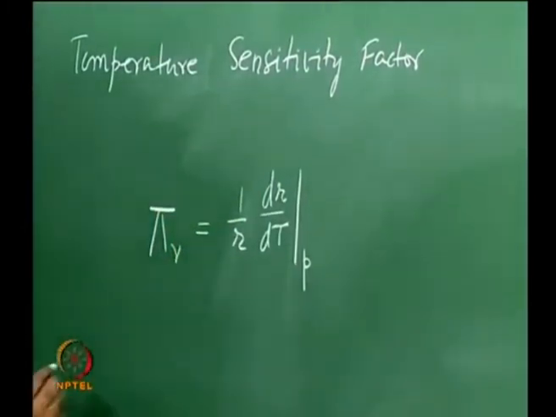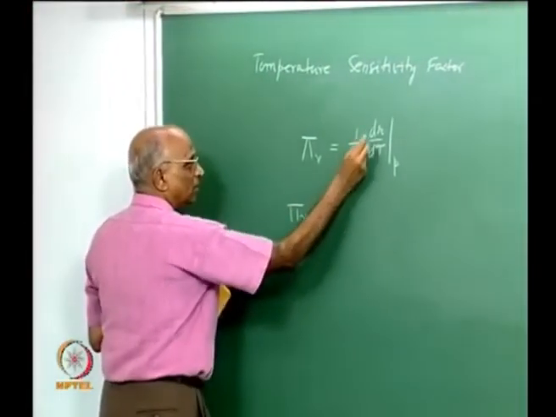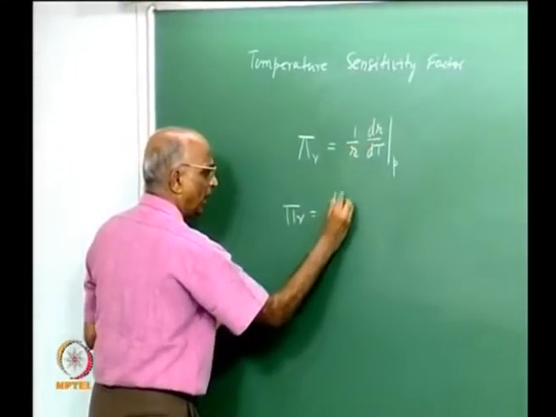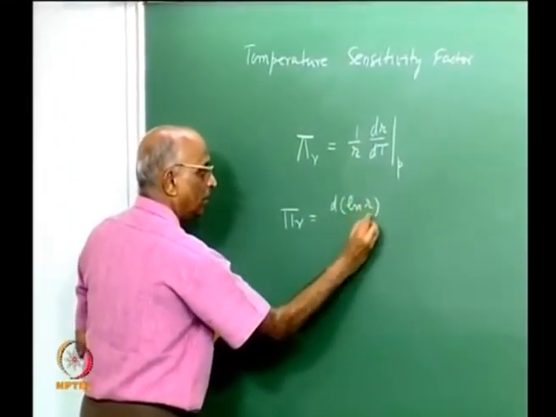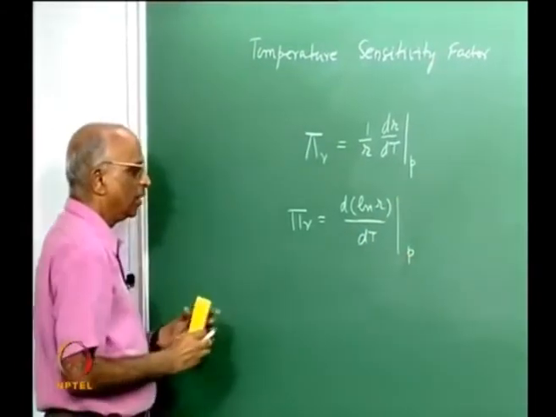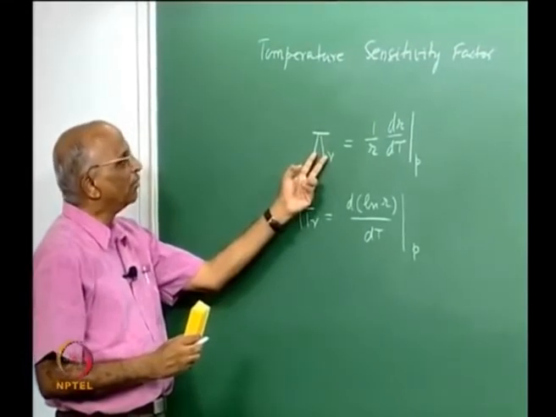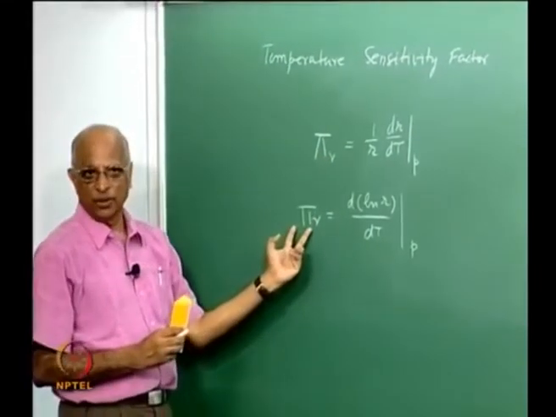In other words, we define pi_r equal to dr by r, which is d ln r divided by dT at constant pressure, is defined as the temperature sensitivity factor for a solid propellant.